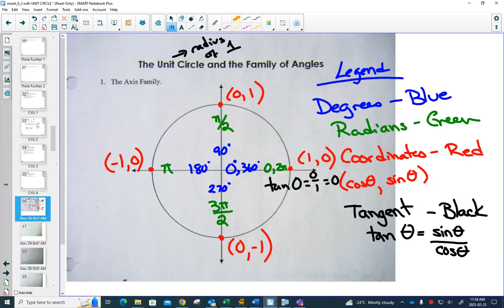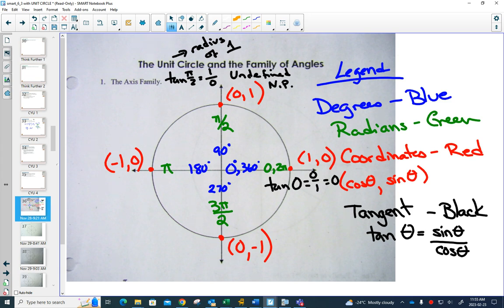When I get to the top, and I do tan of pi over 2, it would be sine, which is 1, over cos, which is 0, and you're not allowed to divide by 0, so we say that tan of pi over 2 is either undefined or not possible.